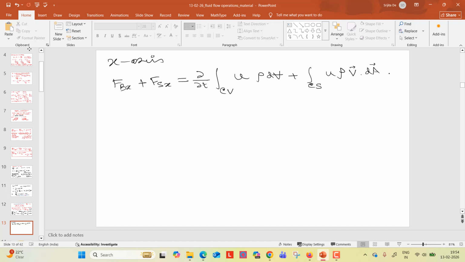If V is u i cap plus v j cap plus w k cap, then you can write this. This V is for the x direction, but the V inside the divergence term has to be in vector form. Similarly, you can write for the y-axis and z-axis.